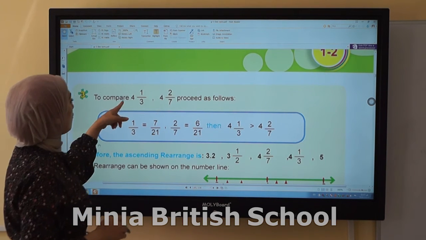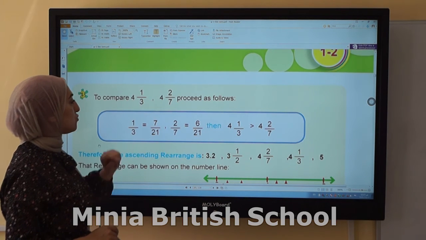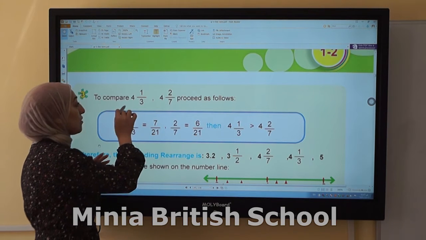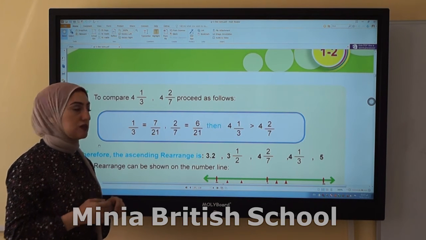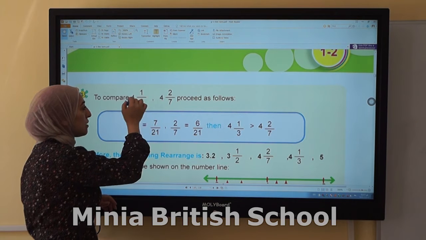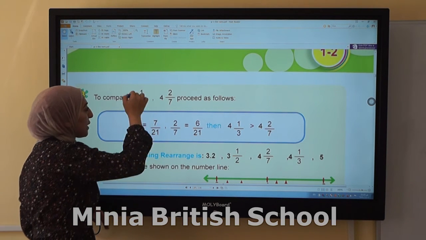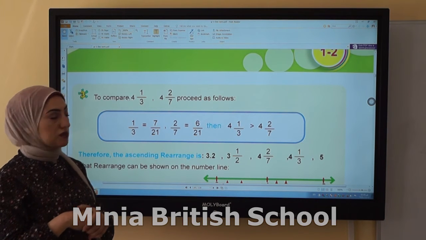Here, 4 and a third, and here, 4 and 2 over 7. These are two mixed numbers. If the whole numbers are the same, I compare between the fractions to know which one is the greatest.